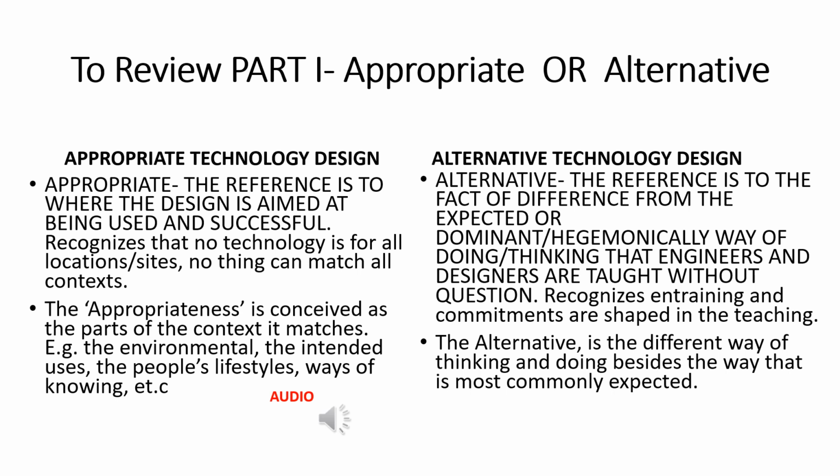So if you want to do a better job of designing, instead of doing it the dominant, common way, what you should be thinking about is how parts of design can be improved, in what ways they are appropriate.